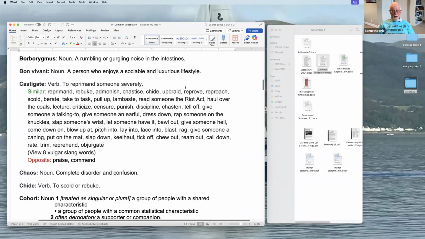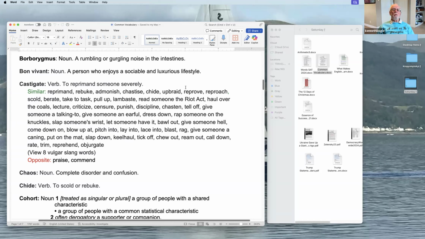And yet, words in the English language that are similar: reprimand, rebuke, admonish, chastise, chide, upbraid, reprove, reproach, scold, berate, take to task, pull up, lambast, read someone the riot act, haul over the coals, lecture, criticize, censure, punish, discipline, chasten, tell off, give someone a talking to, give someone an earful, dress down, rap somebody on the knuckles, slap someone's wrist, let someone have it, ball out, give someone hell, come down on, blow up at, pitch into, lay into, lace into, blast, rag, give someone cane, put on a mat, slap down, heel haul, tick off.